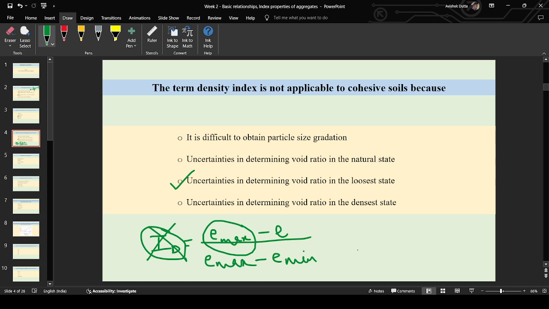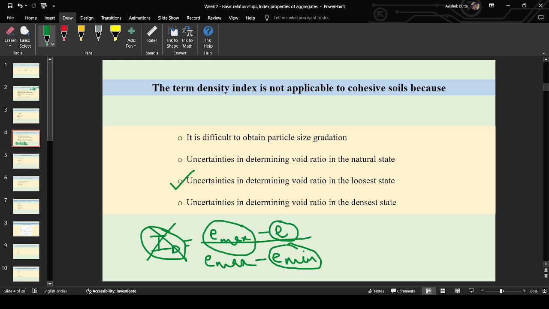Can you determine the other two, sir? Natural and minimum void ratio we can determine per place. Natural we can determine using the core cutter density or basic index properties formula. Minimum means it is the densest state.